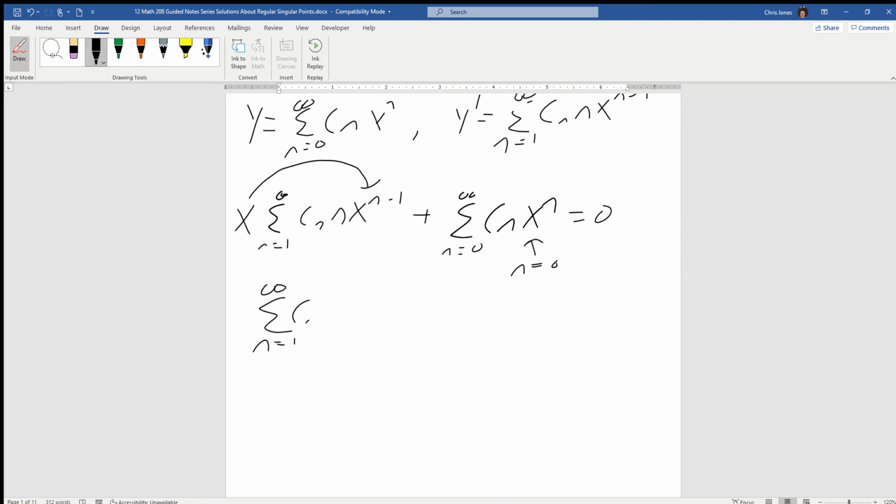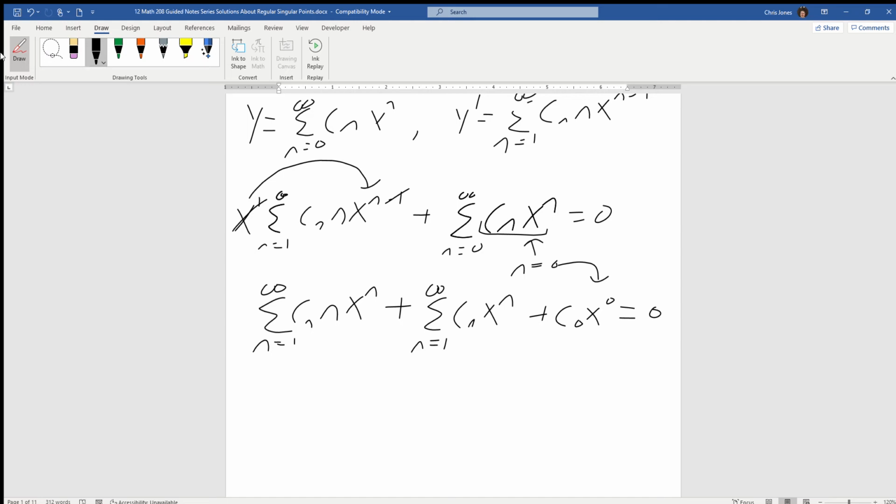This is c sub n, and then x to the n, since this is x to the first, and that's going to cancel those out, plus the series n equals 1 to infinity, c sub n x to the n. And then I'm just going to substitute 0 back in to break off that n equals 0, and that's going to be c naught x to the 0 equals 0.